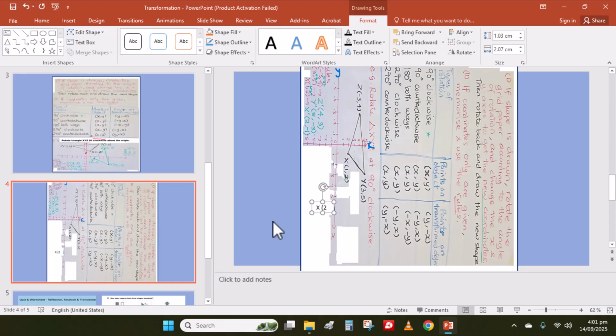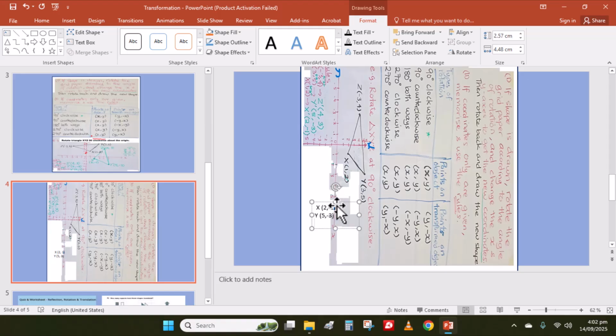X is 2 and y is negative 1. Next, point y, new coordinates. X is 5 and y is negative 3.